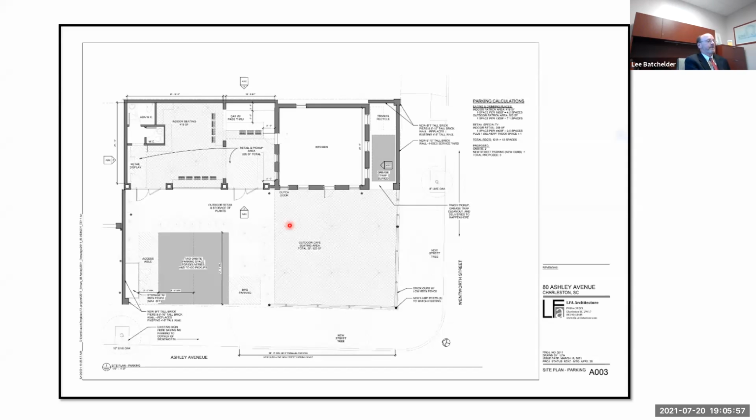But the proposal is to restore the building that's there and convert it into this cafe and garden shop. And you can see that the main building right here would be the kitchen. And then this area off to the side where you have the bays for the cars to pull into and be worked on, that area would become the retail area where the customers would come, and there would be a bar area where they could order, and seating and bathrooms, that sort of thing.